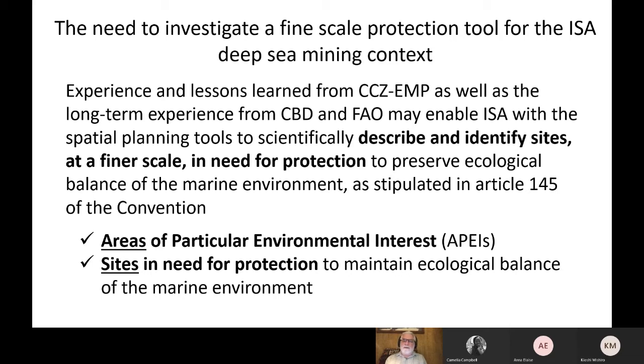And so a new type of tool, sites in need of protection, has been described and was also described in the most recent Northern Mid-Atlantic Ridge REMP planning process. So in addition to areas of particular environmental interest, sites in need of protection give us another toolbox to be able to identify more finely scaled sites.